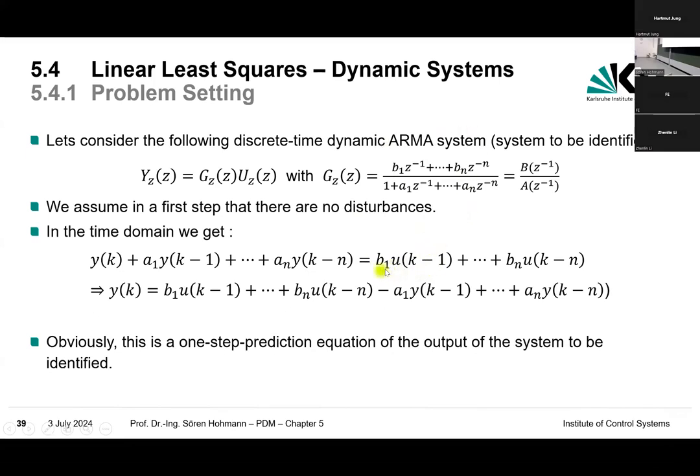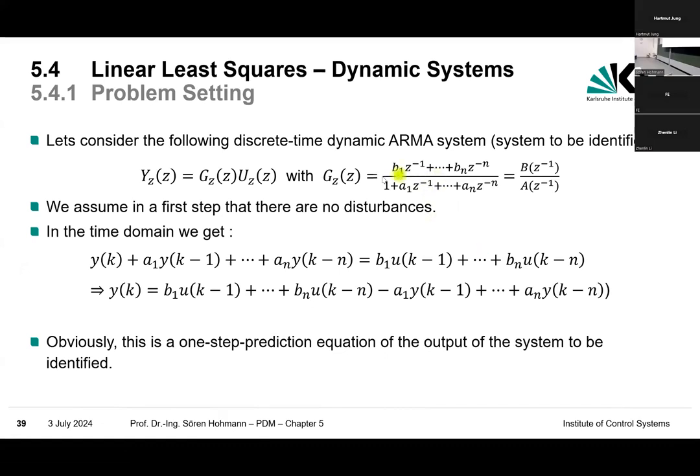A little bit more complicated is this one, because here I get the output, which is also shifted, and this is the autoregressive part, which you'll probably know from your lectures in system sequencing systems. So that's what we have. Now what's the setting?